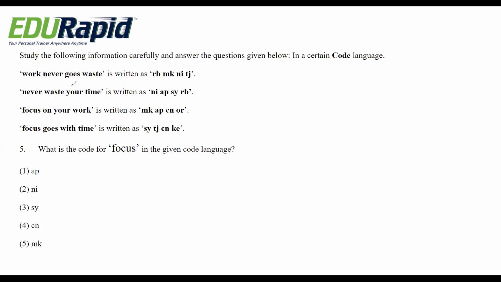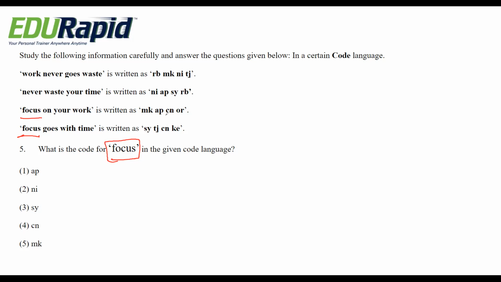Here they are asking what is the code for the word focus. Let me see where focus is present: in the third sentence and the fourth sentence. In the first and second, the word focus is not present. So the code should repeat in the third and fourth. MK is there in the third but not in the fourth sentence.